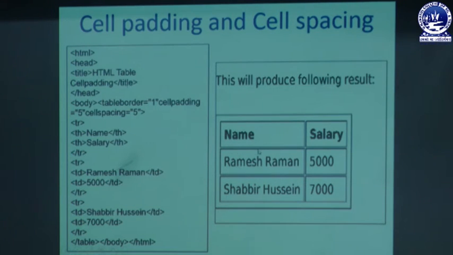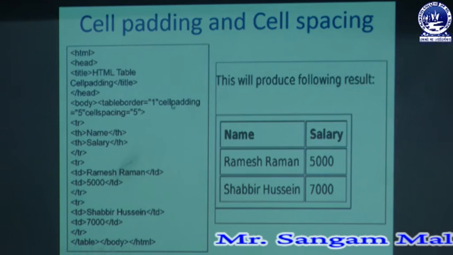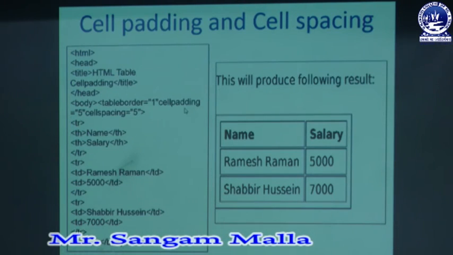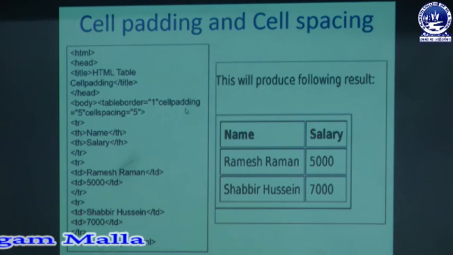That means there will be more distance between Name and Ramesh Raman and Sabir Hussain. That means the row values along with the column values will increase if we increase the value of the cellpadding. So this is the source code of cellpadding and cellspacing, which has been reflected over here.